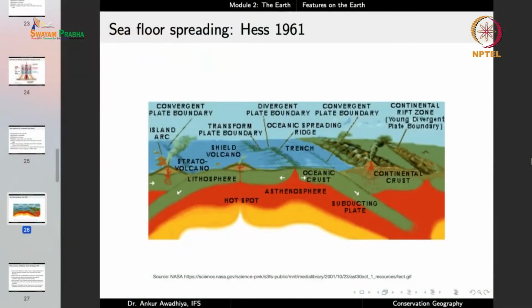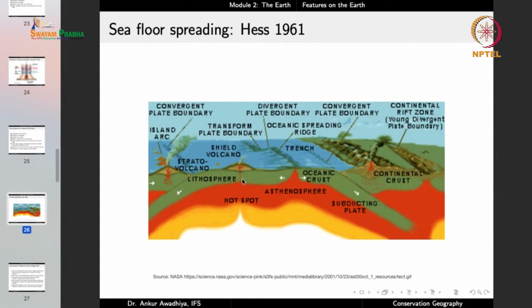So remember that earlier we had the Pangaea, and it got broken into the Laurasia and the Gondwana land. Similarly, today we can witness that in the Rift Valley of Africa, the continent of Africa is also breaking into two different parts. So we can have rift zones in the continents as well.